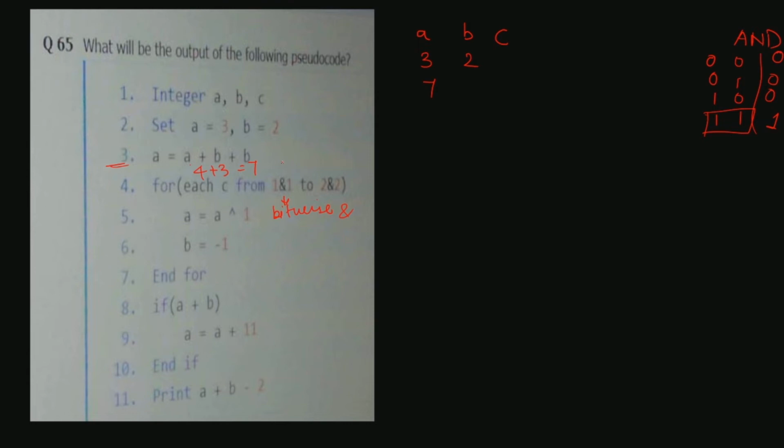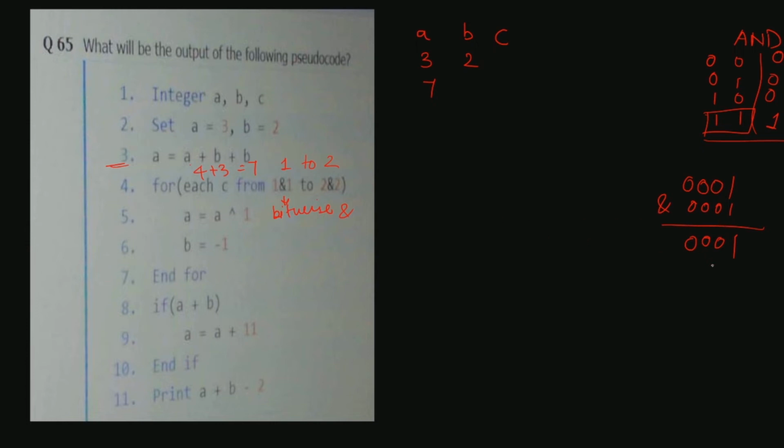So this is 1 2 2. I'll explain it if you didn't get it. The binary form of 1 is this, and we are ANDing it with 1 again. According to this truth table, the answer will be 0 0 1 only, because whenever there are two ones, only then the output will be 1, otherwise the answer will be 0.